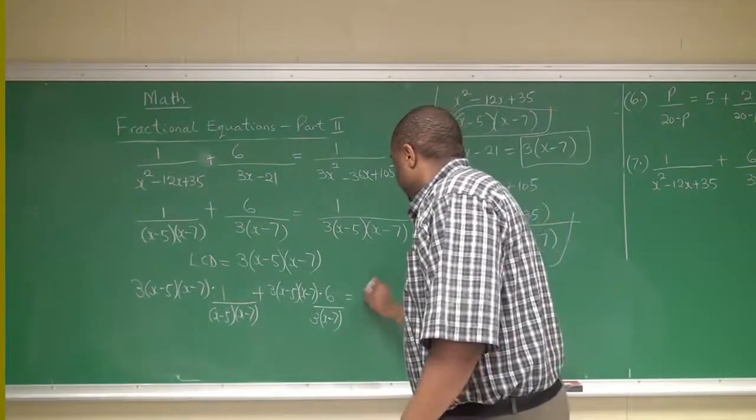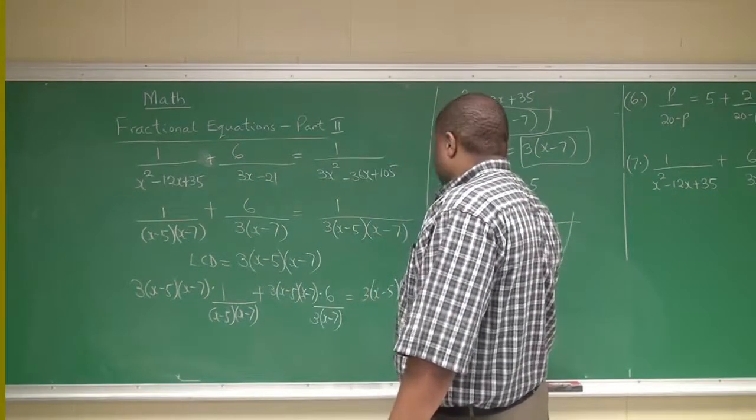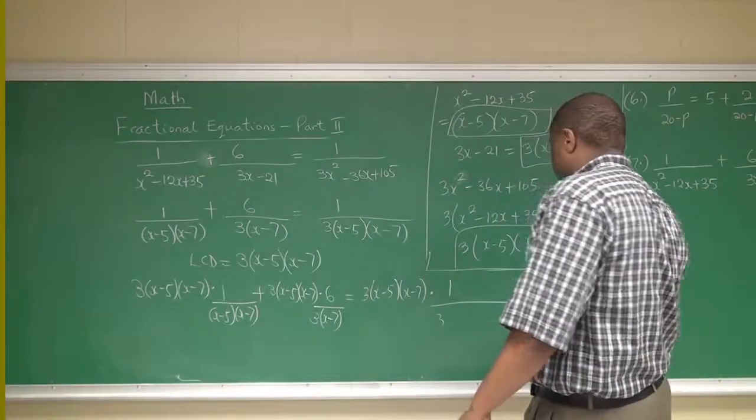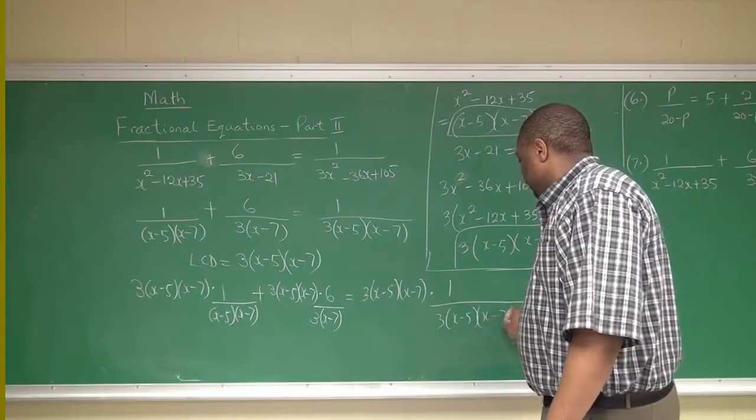Equal to 3 times x minus 5 times x minus 7 times 1 over 3 times x minus 5 times x minus 7.